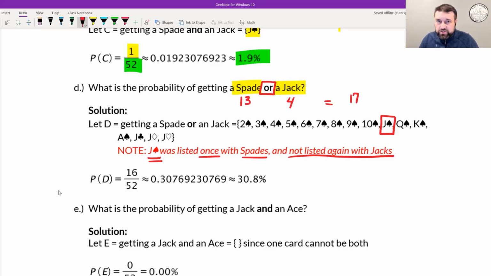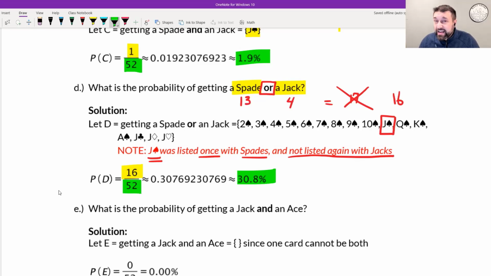You either count the Jack of Spades with the spades, or you count it with the jacks, but not both. So actually, it's not 17, it's 16. That's the number of items in our event space. So our event space consists of 16 cards, and the sample space is 52. So the probability of drawing a jack or a spade is about 30%.